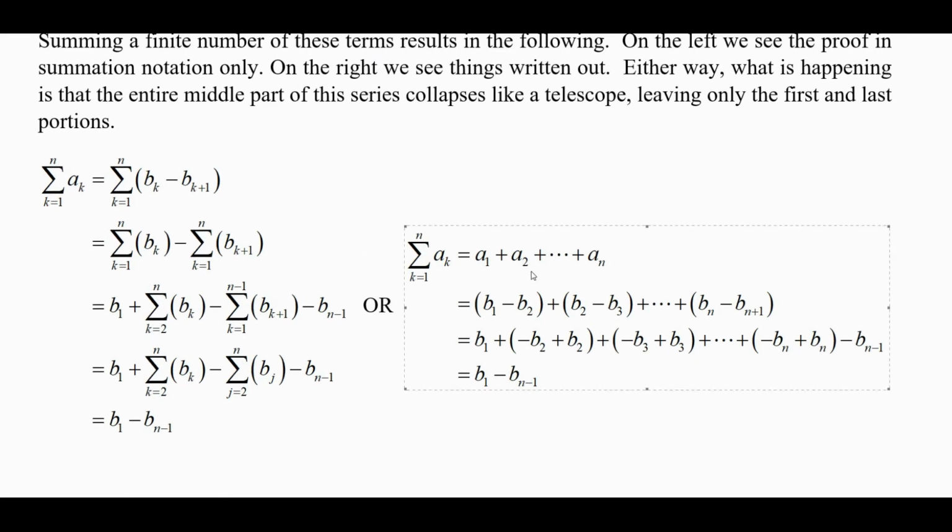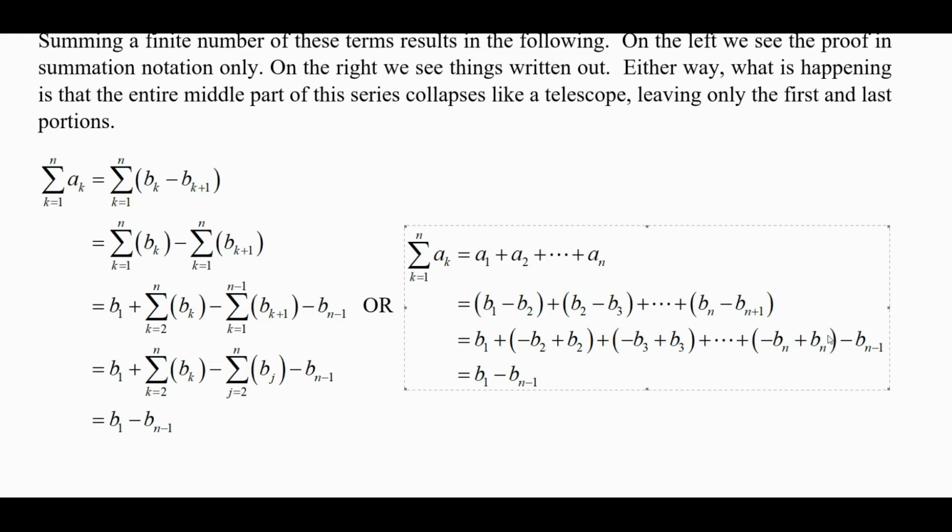Let's look at this version on the right first. The sum from k equals 1 to n of a sub k is a1 plus a2 plus a3 up to an. But a1 is b1 minus b2, a2 is b2 minus b3, and so forth. And if we just use the associative property, we regroup this so that we get minus b2 plus b2 is 0. Then the next one is minus b3 plus b3 is 0, and so forth.